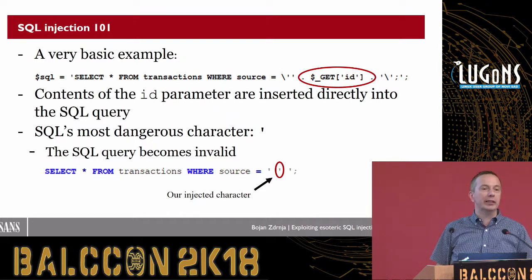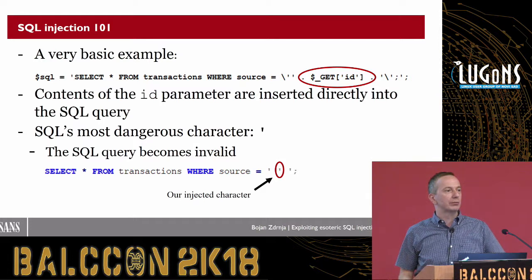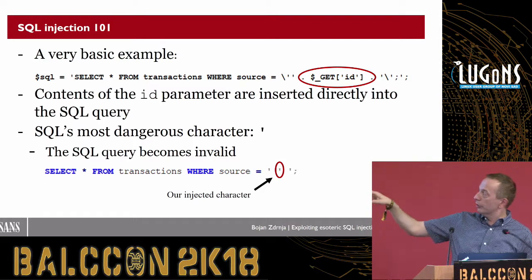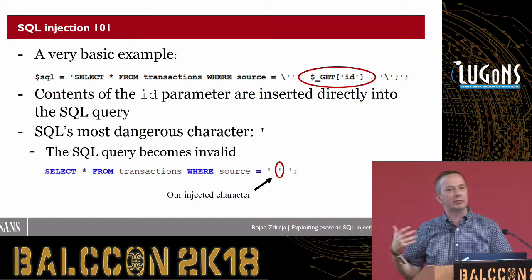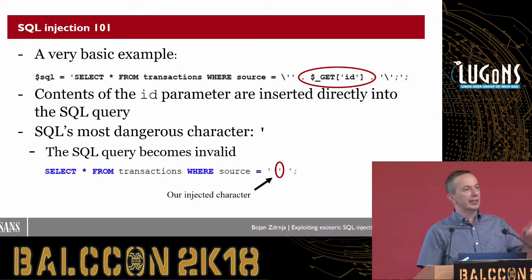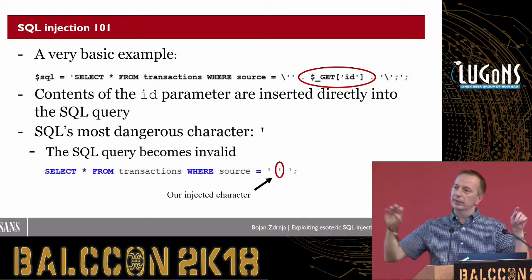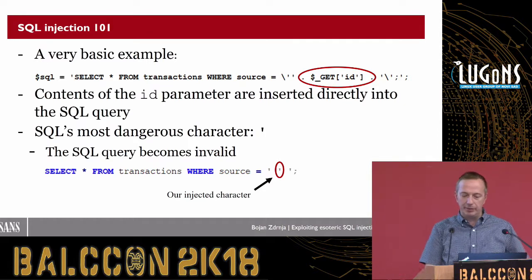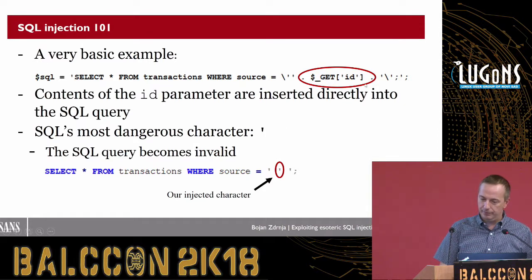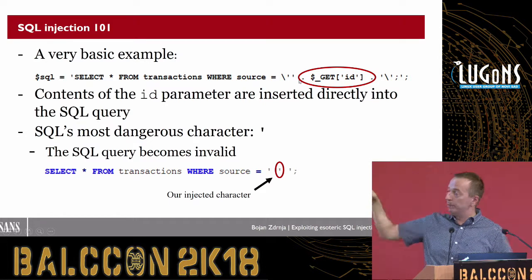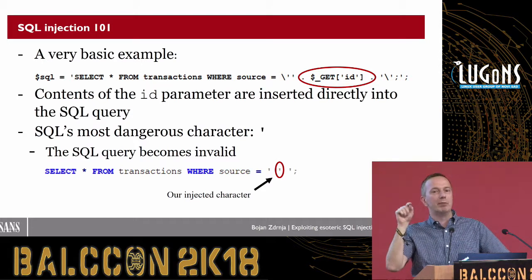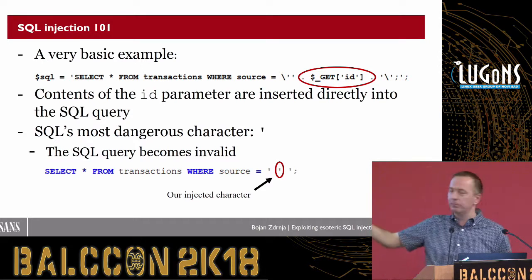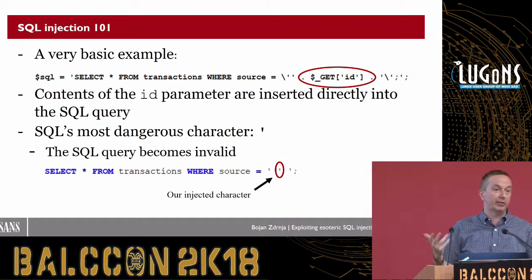We actually break the SQL query, because the original query should be select star from transactions where source equals single tick, something, single tick. That's what the developer did here. However, when we put our single tick, we now have an uneven number of single ticks, and this simply breaks the SQL query.